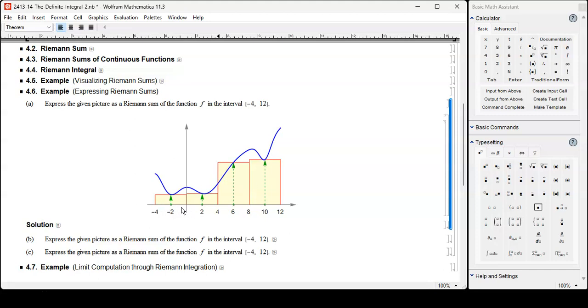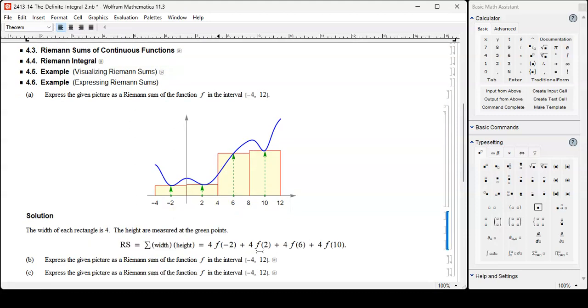And what are the widths of the rectangles? -4 to 0, so that's width 4, and 0 to 4, again width 4, 4 to 8, again width 4, 8 to 12, again width 4. You can express it like this: width times height. Width is 4 for each of those, and the heights are f of -2 right here, f of 2 here, f of 6 here, and f of 10 here. So the sum of these 4 rectangles. Does it make sense?